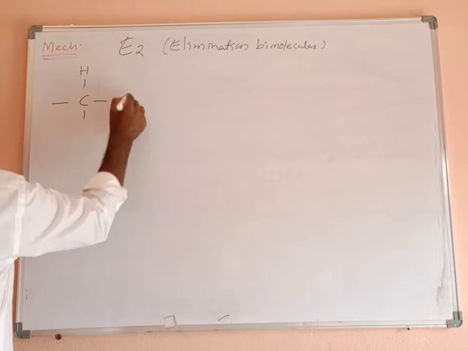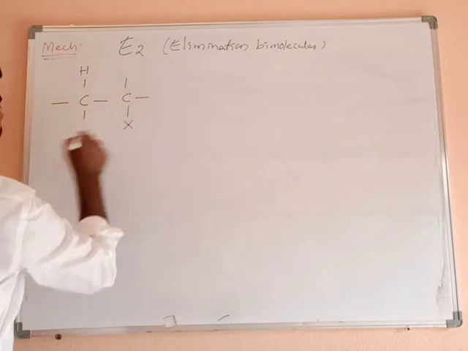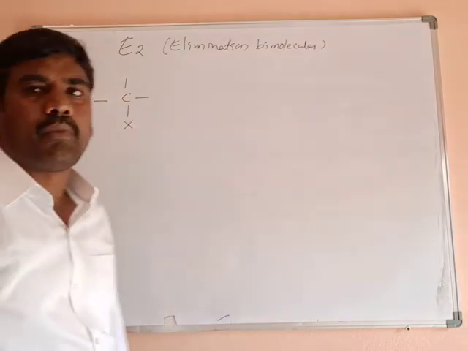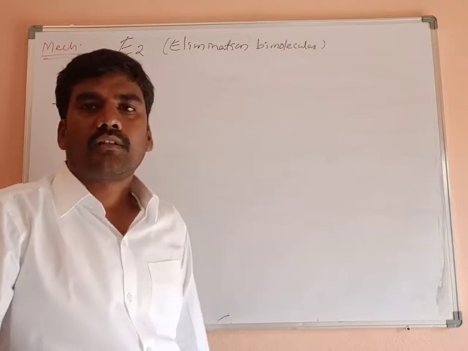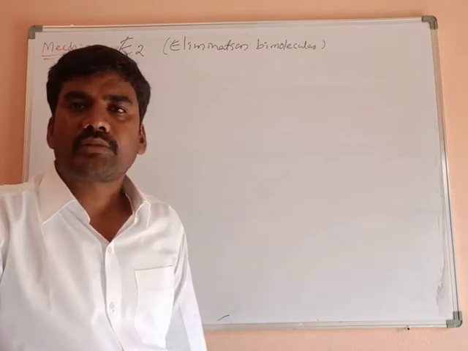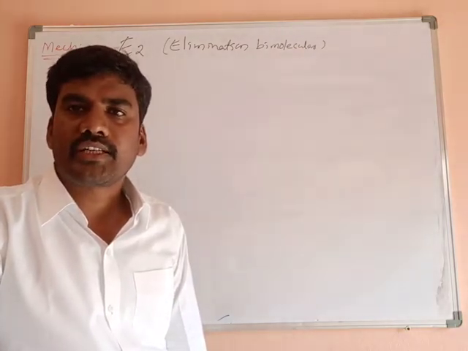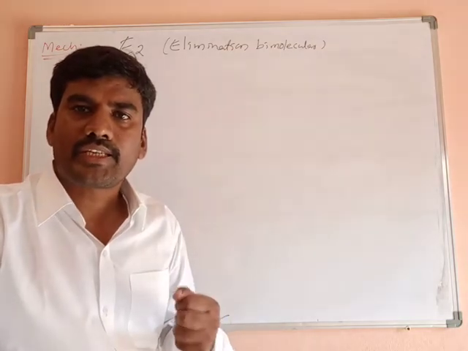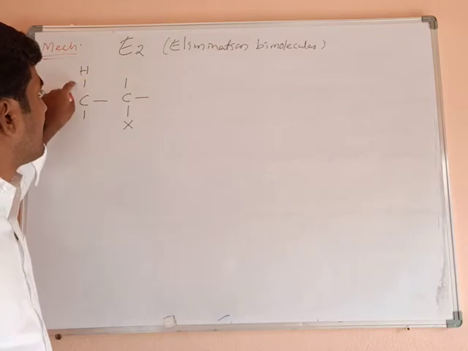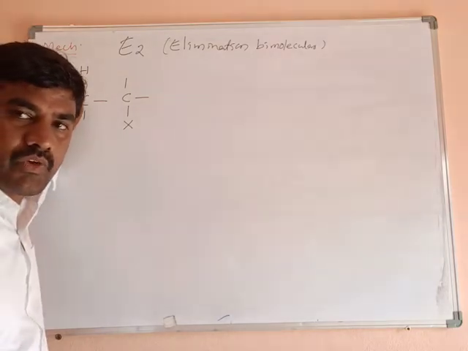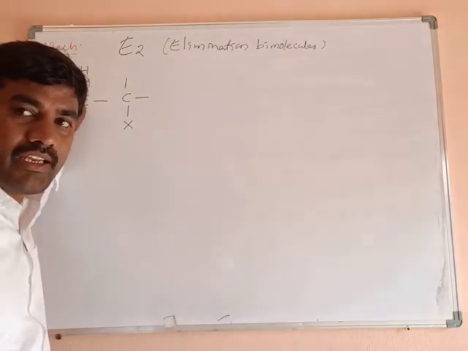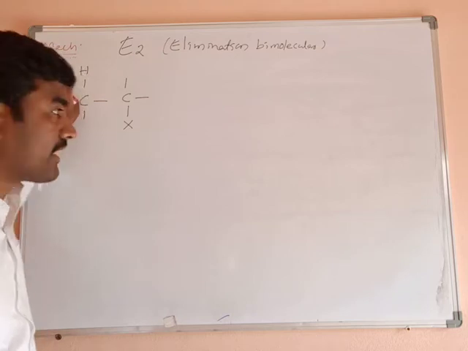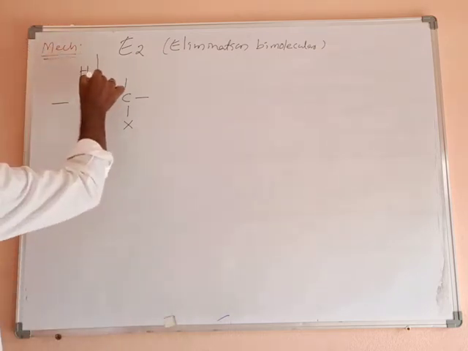Hydrogen, halogen. It is boiled with alcoholic potassium hydroxide. What is potassium hydroxide? Potassium hydroxide is a base. Now the base captures the proton. The base can attack the side towards the hydrogen atom, meaning the base is coming in this direction.